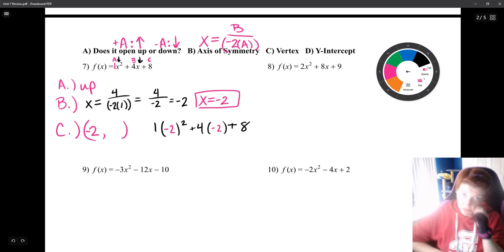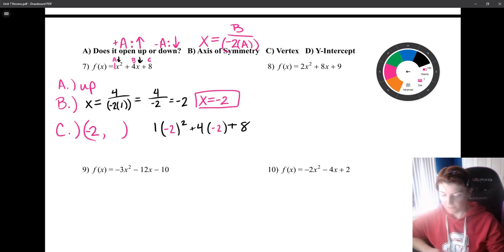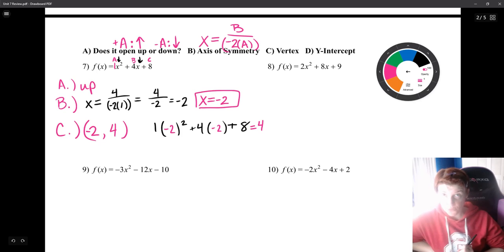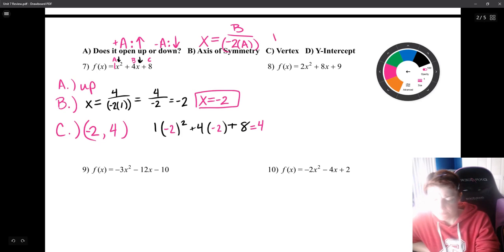And we're going to type that into our calculator. I get 4. So my vertex is negative 2, 4. So for part C, plug in your answer for B.